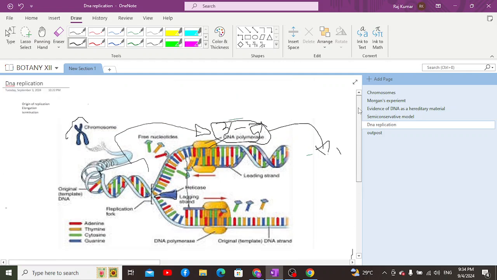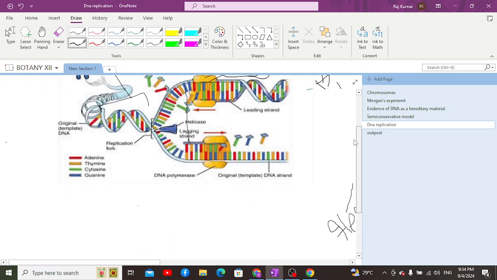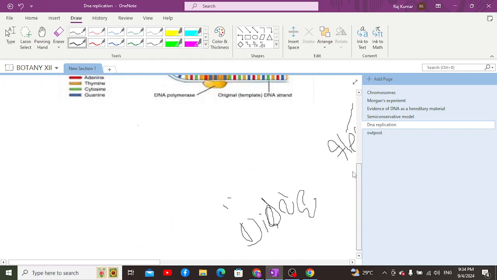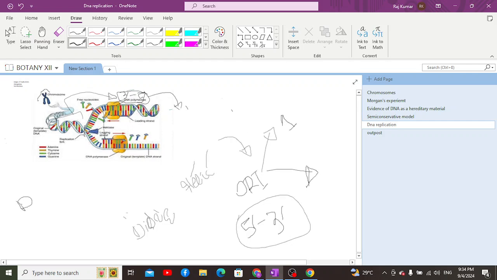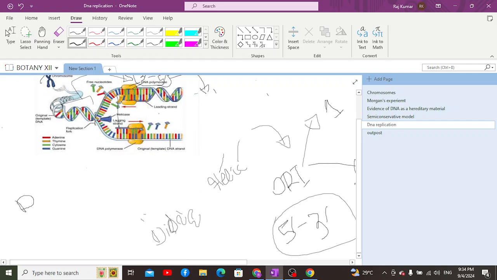Here we have three major types of DNA polymerase: DNA polymerase 1, DNA polymerase 2, and DNA polymerase 3. The major enzyme which acts in adding nucleotides and forming the complementary daughter strand is DNA polymerase 3.